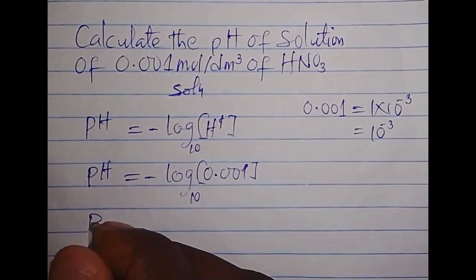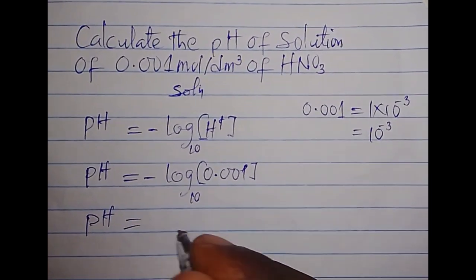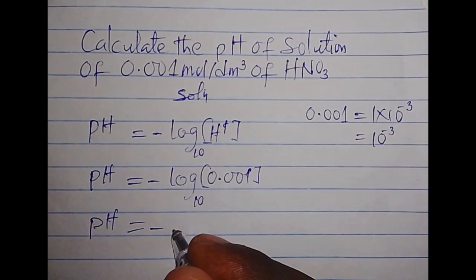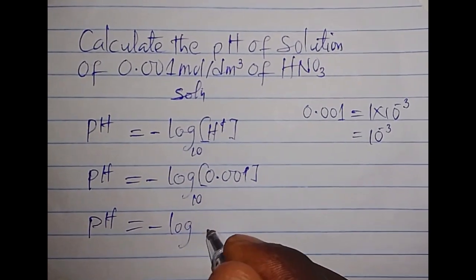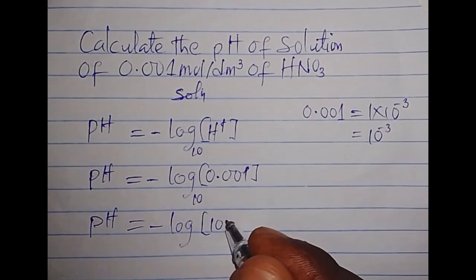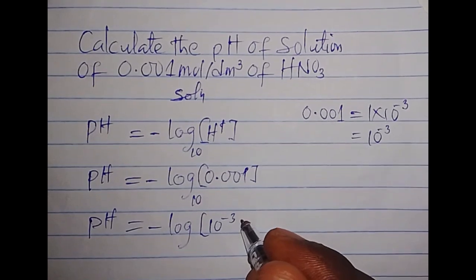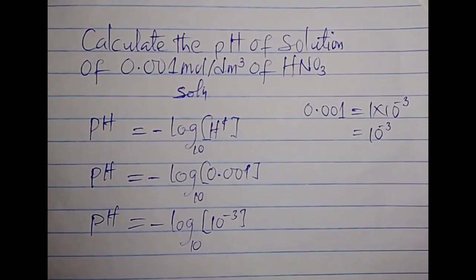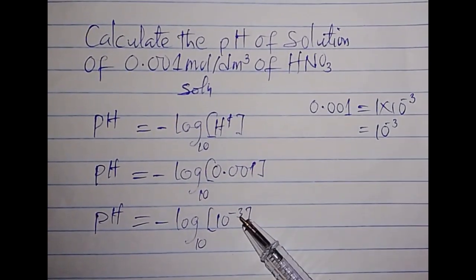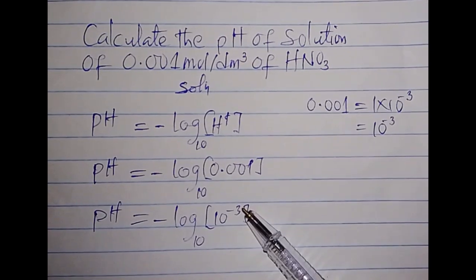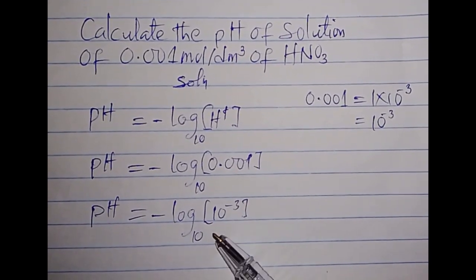So our pH now equals negative log of 10 raised to minus 3, base 10. Now, from one of the properties of log, if a log is raised to a power, the power is used to multiply the log.